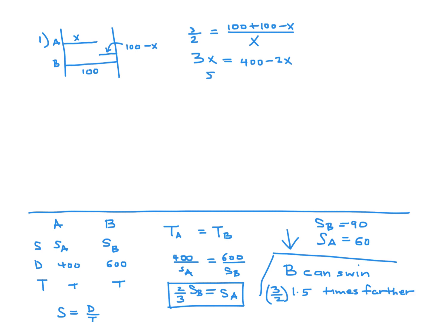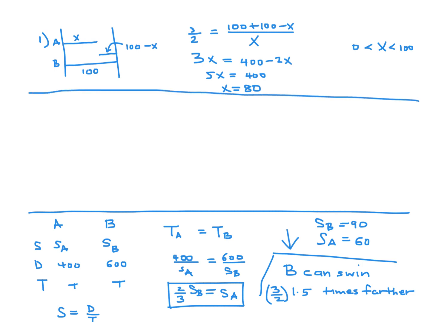So 5x is equal to 400, and x is equal to 80. And I think that's valid, as long as x is between 0 and 100. If x becomes a negative number or something outside of that range, then of course it'd be invalid. So this is one example of how they cross.